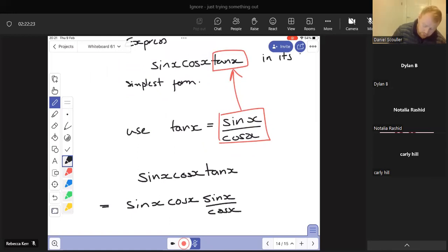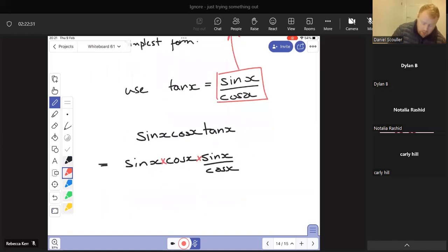All that's telling me is sin x has been multiplied by cos x and it's been multiplied by sin x. Now the cos x just goes all above that cos x. So sin x and sin x is going to give me sin squared x, and then just cos x, all over cos x.